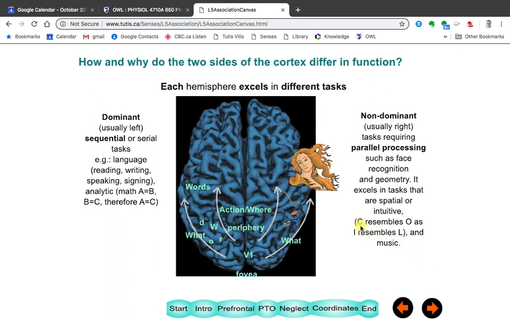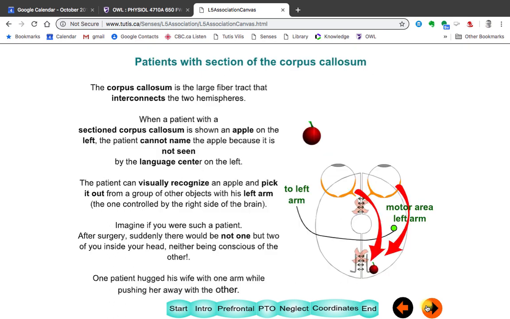And at the same time, things like whether C resembles O and I resembles L are important there, as is music. For some reason, the right side is more involved in music than the left.